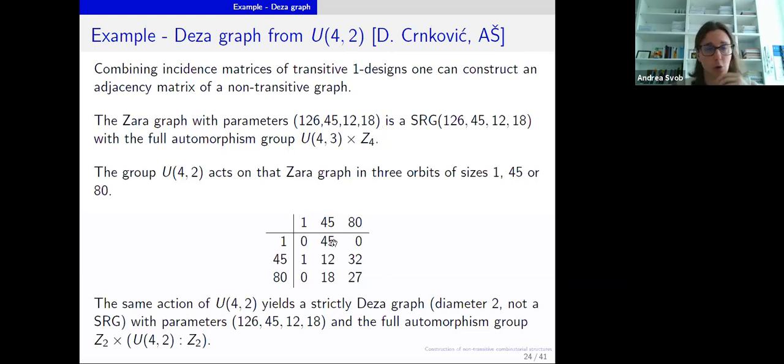This graph will always have this group acting with this orbit matrix, but maybe the graph that we get will not be isomorphic with the starting graph.